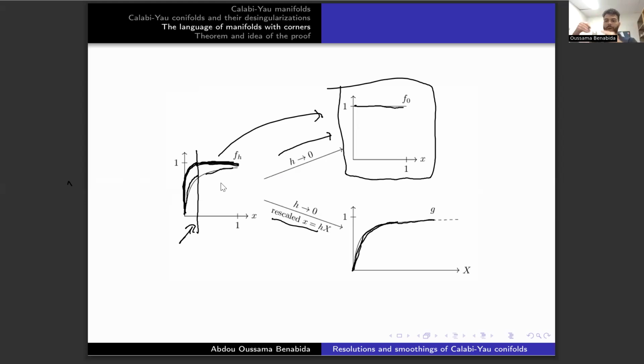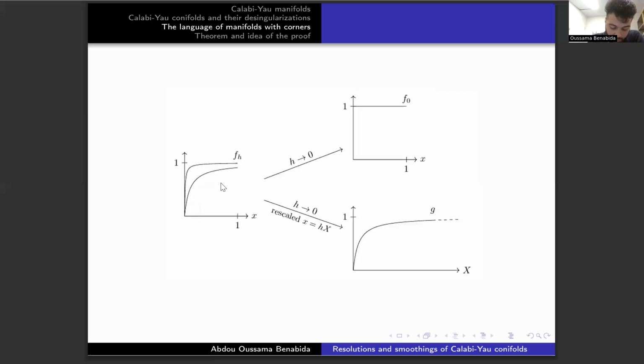And depending on the rescaling, we get the f_h, so we get a whole family.